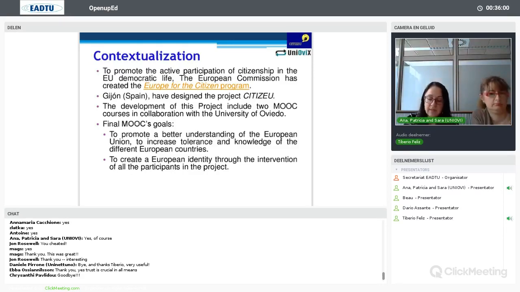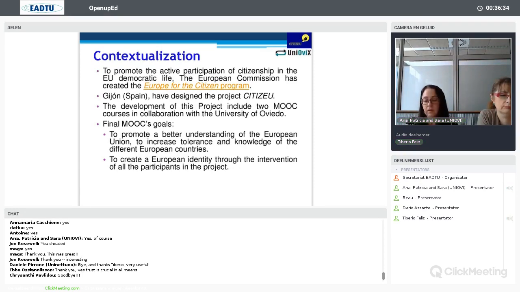The European Commission has created the Europe for Citizens program in order to promote the active participation of citizenship in the European democratic life. Within this program, Gijón, a city in the north of Spain, designed a project called Citizenship. In order to achieve the direct participation of citizenship, the project has focused on the potential offered by the MOOC courses as a tool that allows the students to acquire knowledge and exchange ideas.